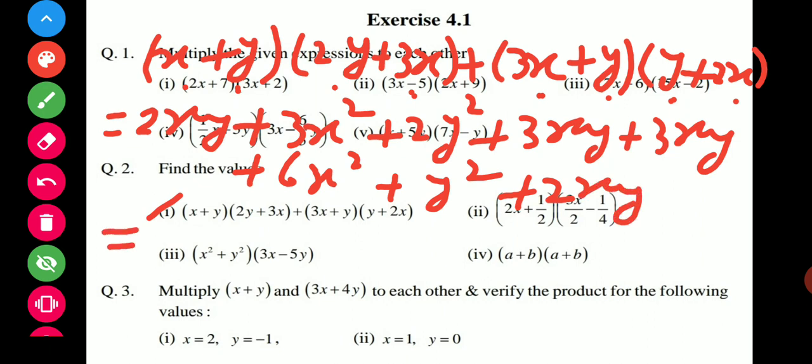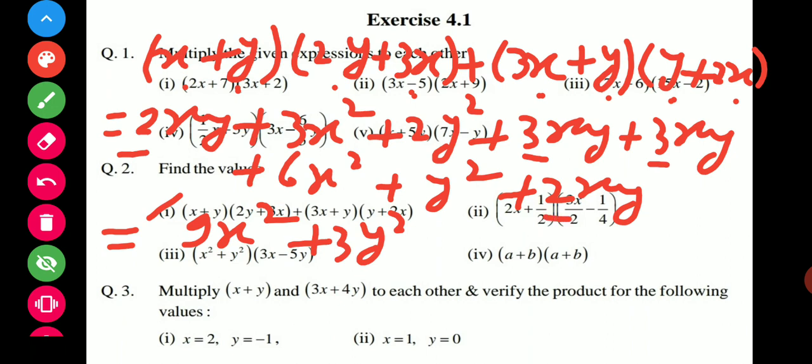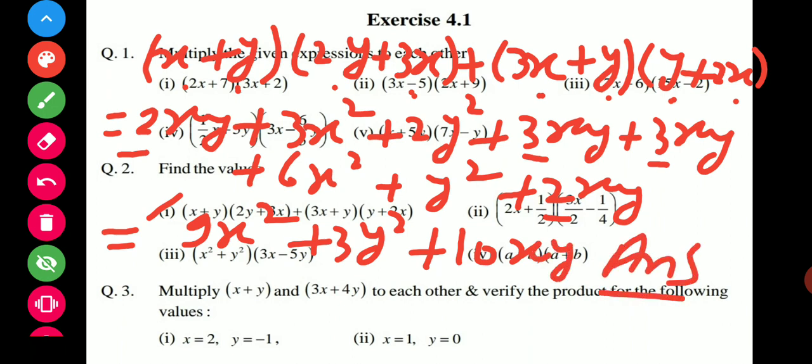So here is the equal to sign. Now first of all you can write the x square, 3 and 6, that is 9x square. Now second is y square, 2 and 1, that is 3y square. And what about xy? 2, here is 2, this 2, 3, 5, 5 and 3, 8, 8 and 2, 10. So you can write 10 of xy. That is your answer.